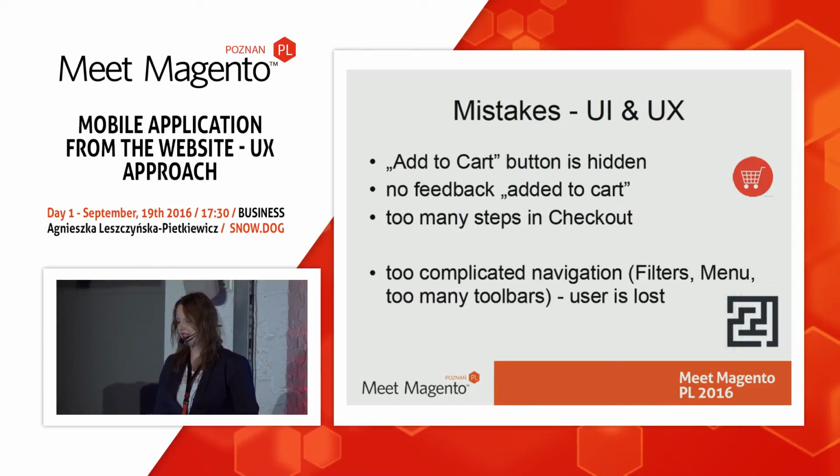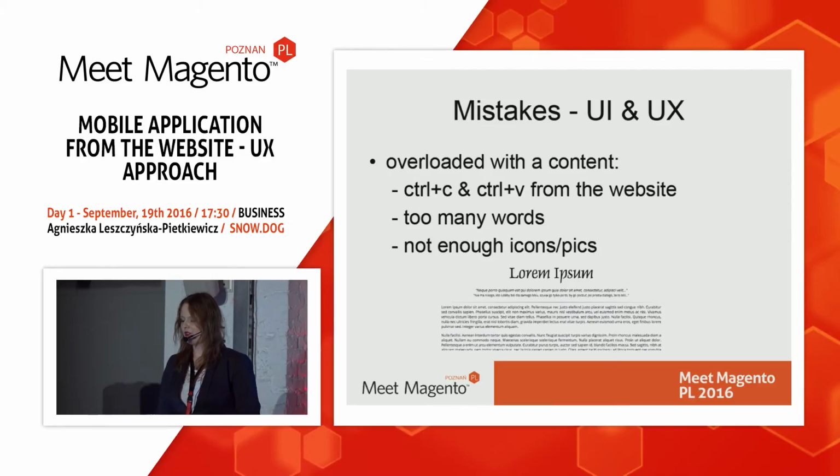Too complicated navigation, filters, too many toolbars. The user is lost in such a situation. It's like a labyrinth for him. So let's make it easier. Also, a big mistake is being overloaded with content, like if your app has exactly the same content as the website.